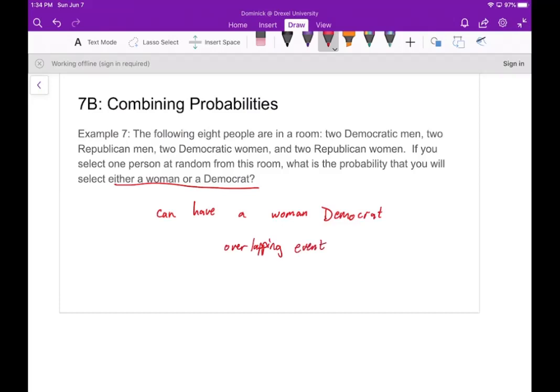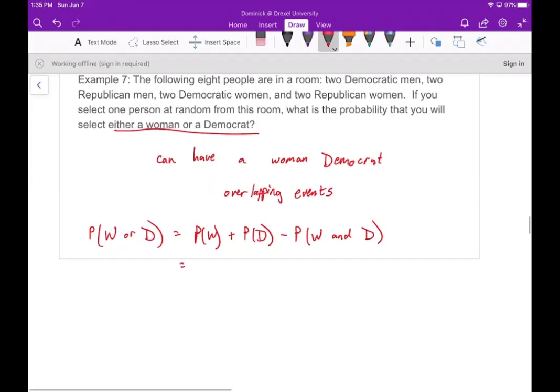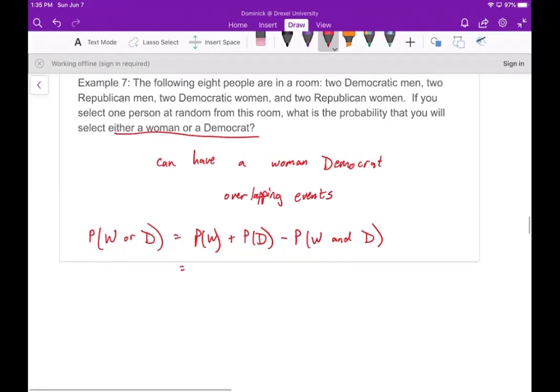So then that means in order to find the probability of a woman or Democrat, I need to find the probability of finding a woman, the probability of finding a Democrat, and then minus the probability that they both happen. Well, the probability of selecting a woman, it looks like we have 4 total, so we're going to have 4 out of 8.